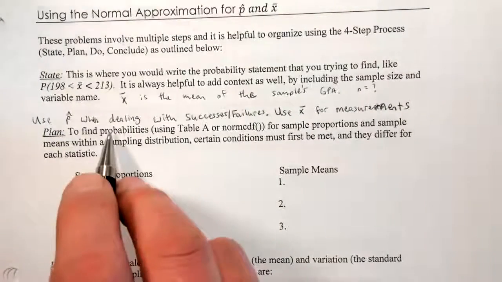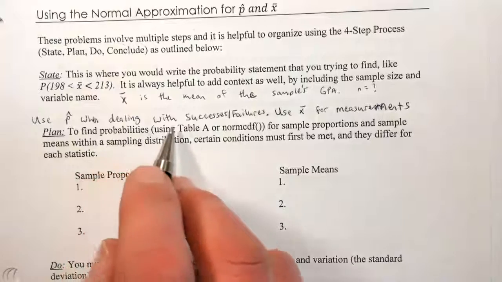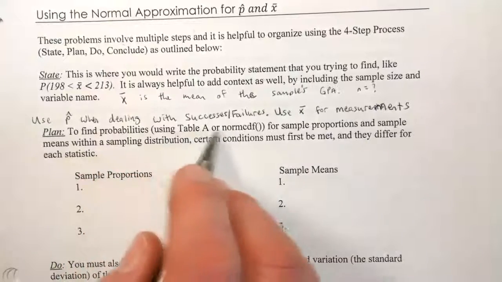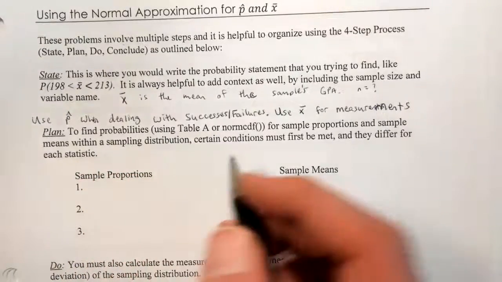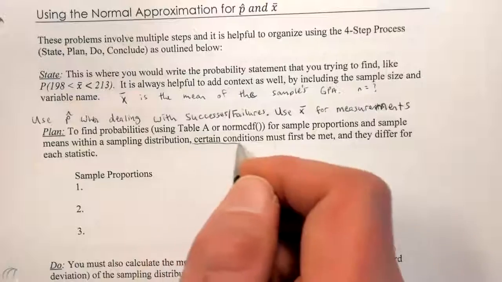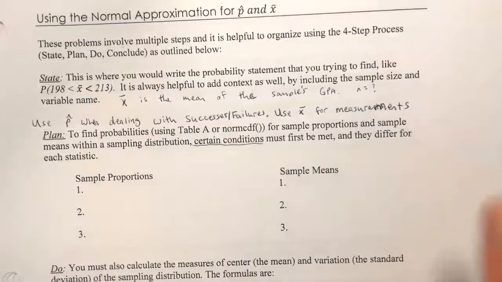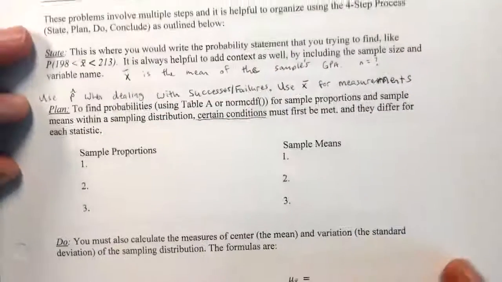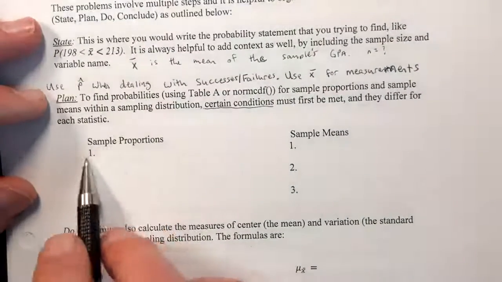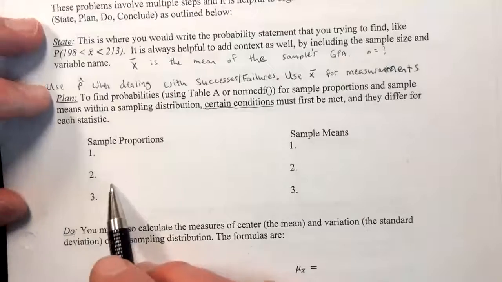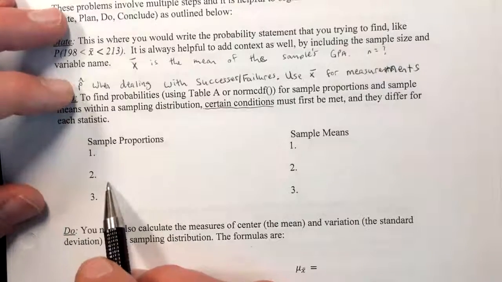So to find probabilities, as already mentioned, we want to use normal probabilities. We need to make sure we meet certain conditions. The conditions change just a little bit depending on which statistic you choose. For sample proportions, I think we have a pretty good handle on these, maybe.